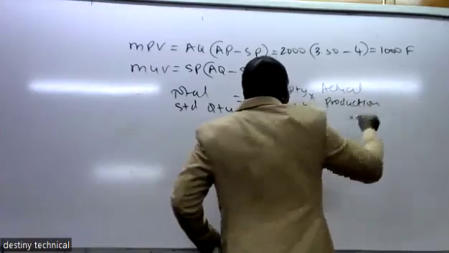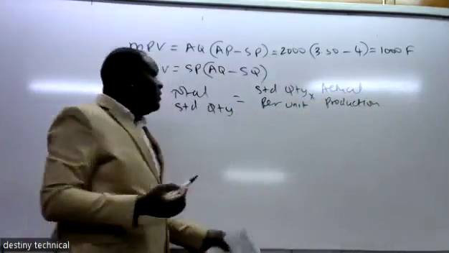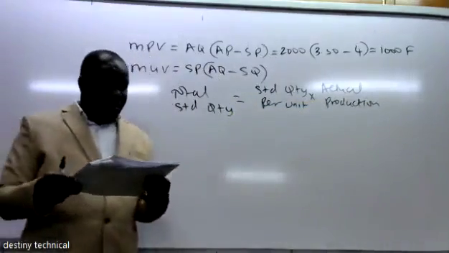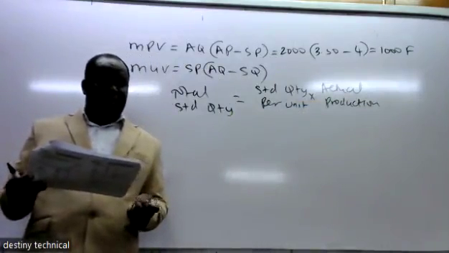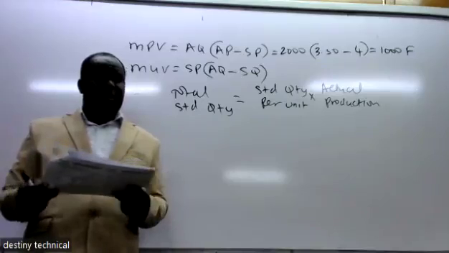Multiplied by the actual production. So standard quantity per unit was given up there, where they say the standard cost card.